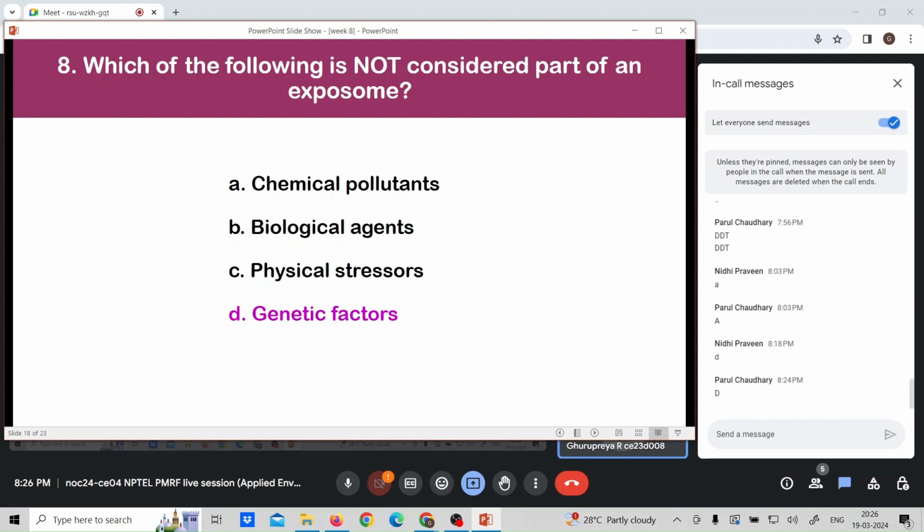They may be exposed to chemicals, other organisms or other enzymes or other biological factors, and also physical stressors like pressure, heat, etc. But genetic factors are not something that the organism is getting exposed to, it is present in itself. So that is not a part of the exposure of the organism.